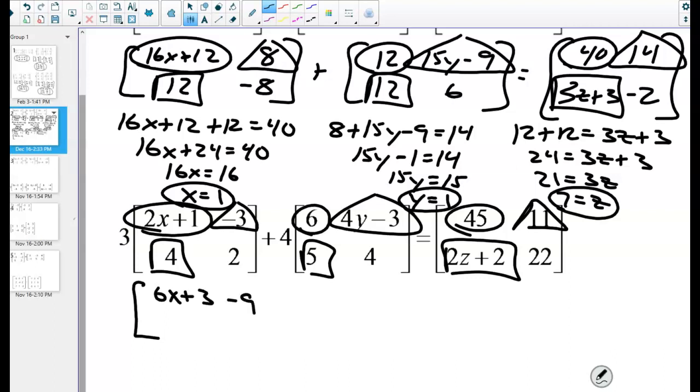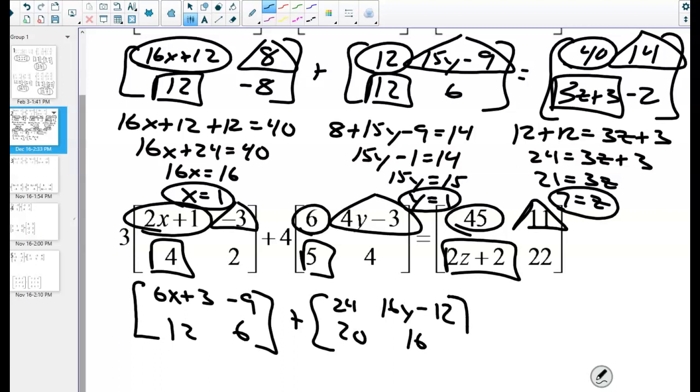Negative 9. 12, 6. Plus 24. 16y minus 12. 20. 16. 45. 11. 2z plus 2. 22.